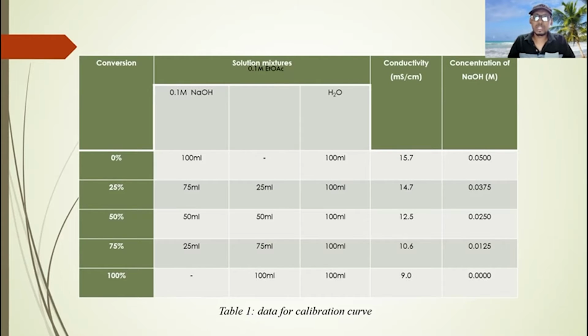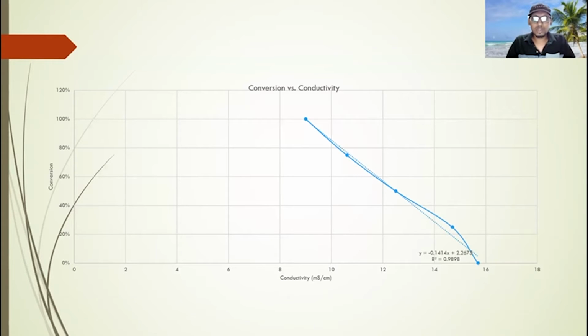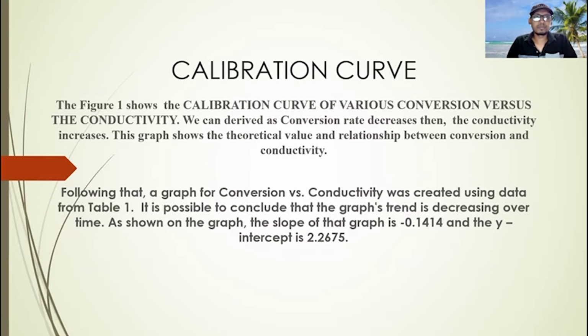This is our conductivity data, and this is our graph of conversion versus conductivity. As you can see, when the conversion rate decreases, the conductivity increases. Figure 1 shows the calibration curve of various conversions versus the conductivity.